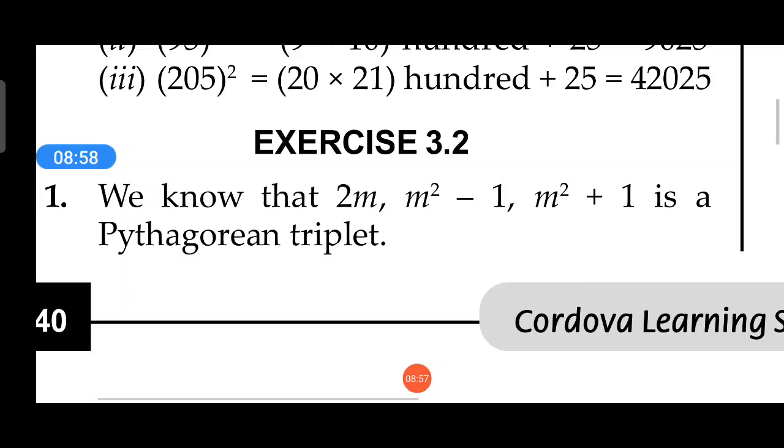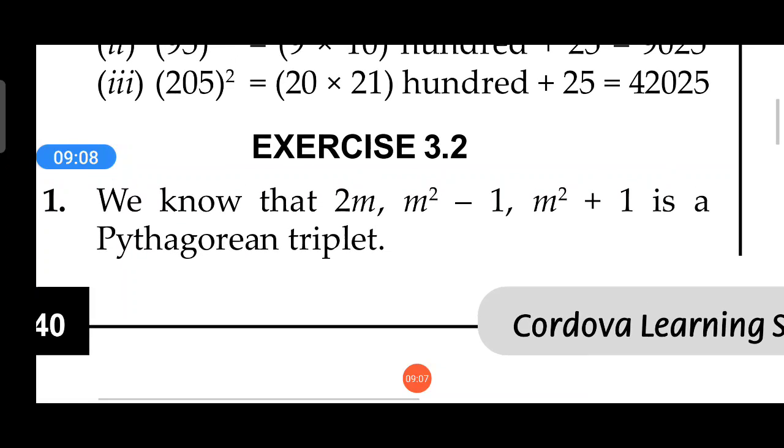If you see on page number 52, 3, 4, 5, 6, 8, 10 and 5, 12, 13 are Pythagorean triplets, because 3 square is 9 and 4 square is 16, which makes a total of 25. So that is why 3, 4, 5 is a triplet.